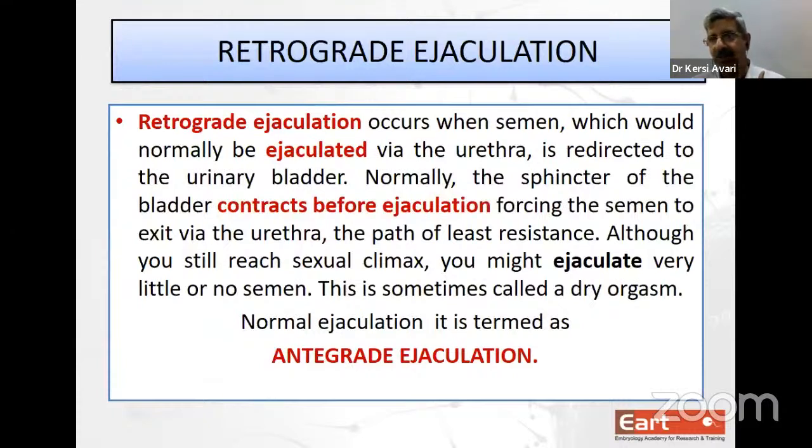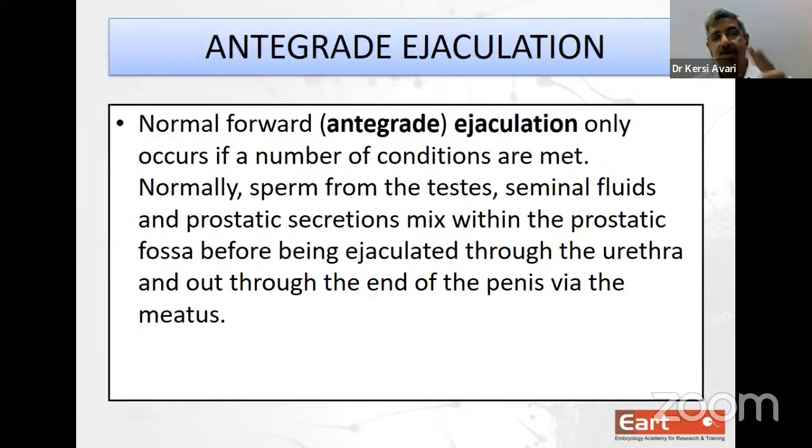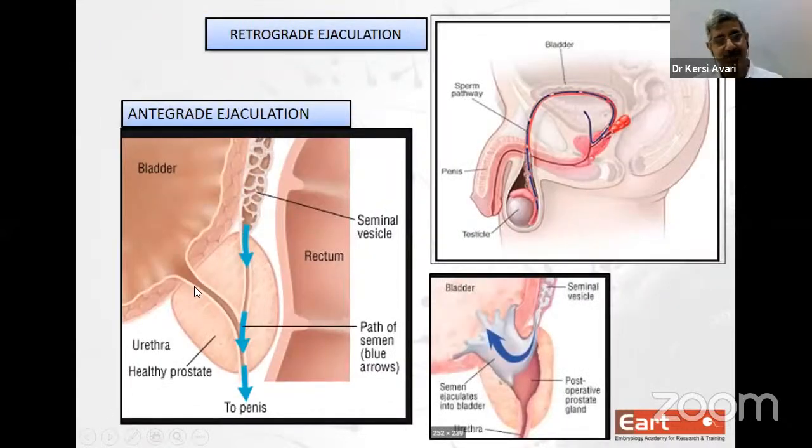Retrograde ejaculation is produced, unfortunately, by bladder dysfunction; instead of this way out, the semen goes back into the bladder. What we are doing is antegrade in a normal man. Just like a uterus, retroverted, anteverted positioning. So this is it.